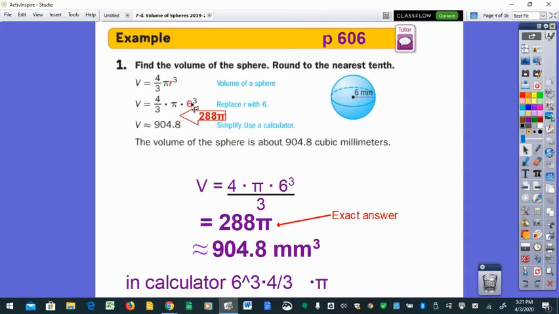Now when I go to the calculator, you're going to take that radius, hit your exponent button, so 6 raised to the 3rd power, and then to get the 4/3, it's times 4 divided by 3. If you hit equals, you'd see 288 in the calculator. You haven't multiplied by pi yet, you haven't rounded, that is your exact answer. Now when you take the 288 and multiply it by pi, it's about 904.8 millimeters cubed.